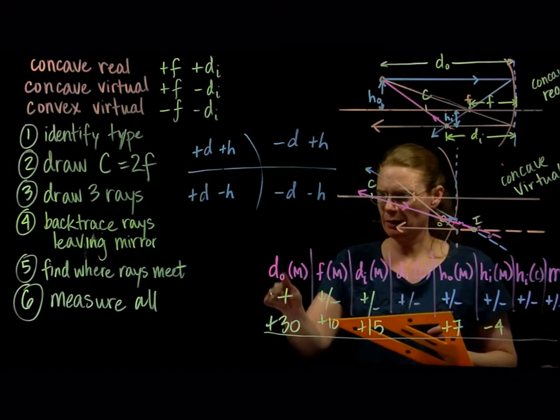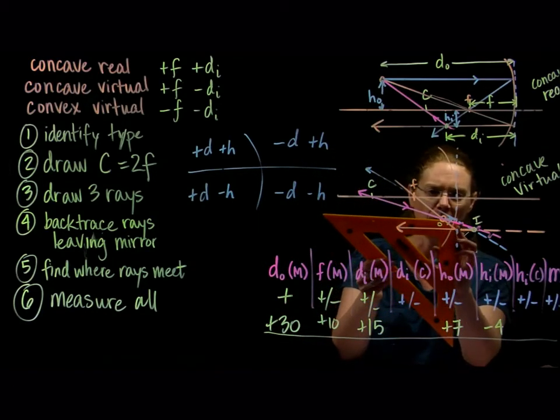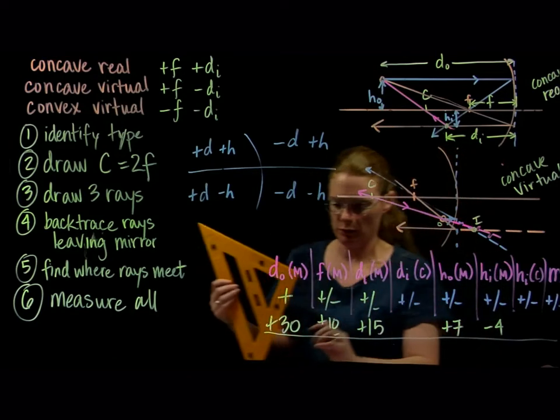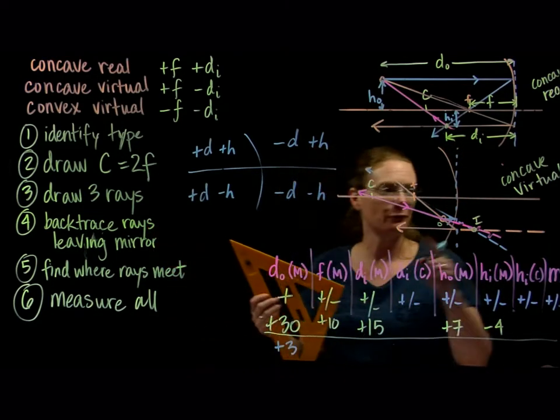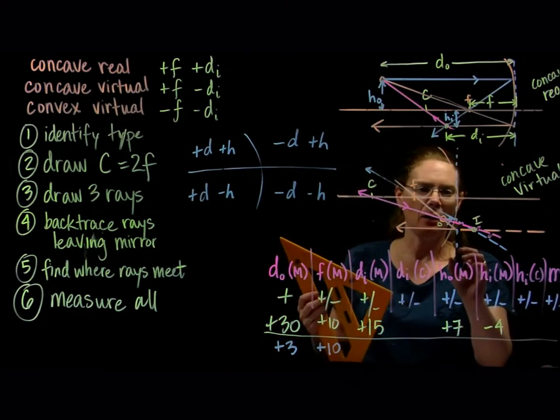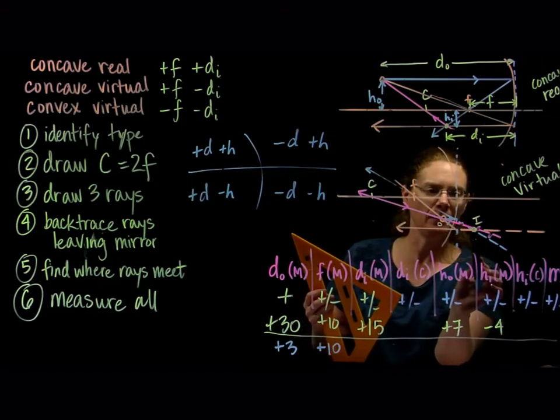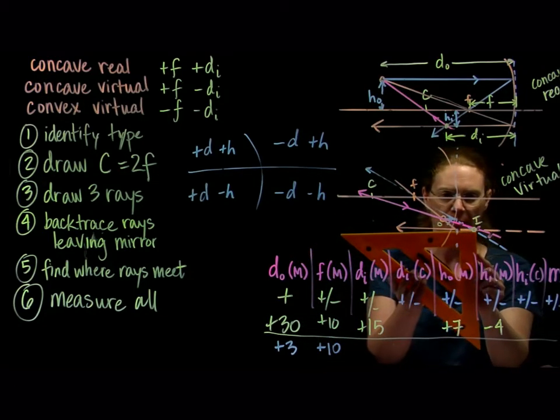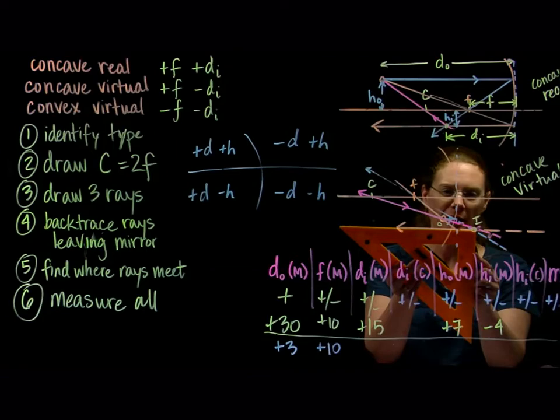My object distance from object to mirror, 1, 2, 3. That's always positive. My focal was plus 10. I'd set that earlier. DI, from my mirror to my image. It's behind, so it's negative. And we're at something between 4 and 5.